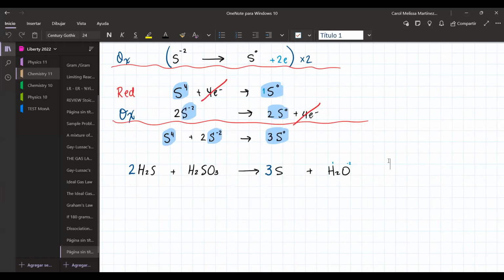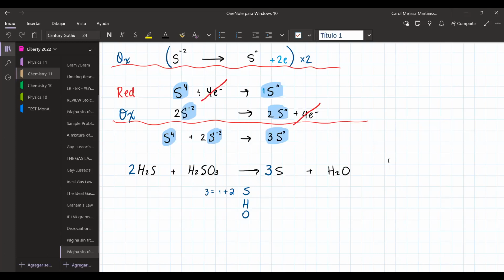And now all I can do is check if it's balanced. So it's going to be sulfur, hydrogen, and oxygen. A ver. Sí. Okay, so you're going to have 2 plus 1, 3 sulfurs here.